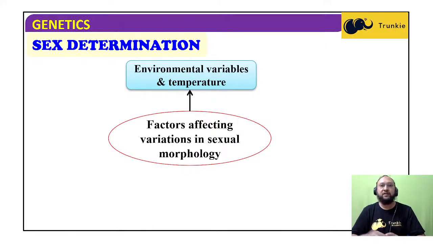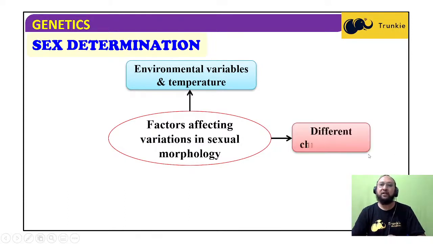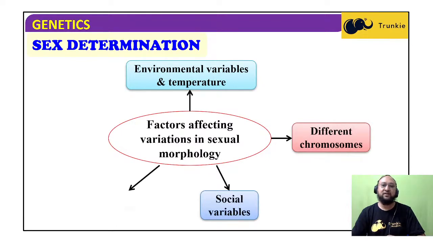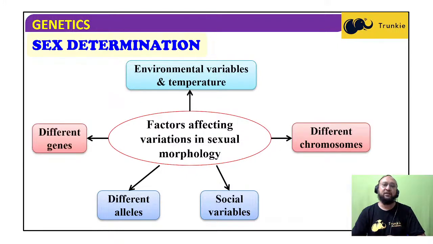Other factors are the different chromosomes, social variables, the different alleles, and the different genes. All these factors affect the sexual morphology in different organisms.